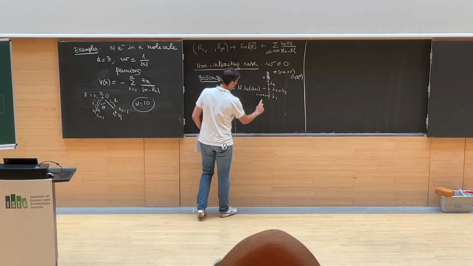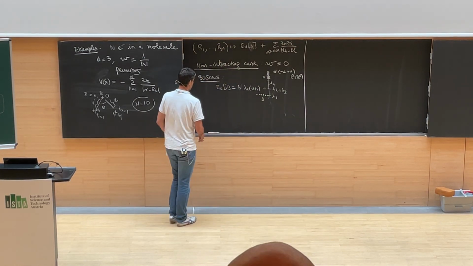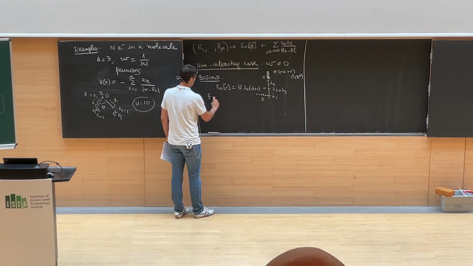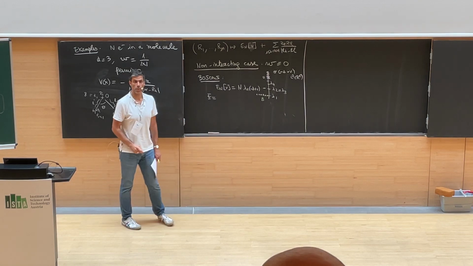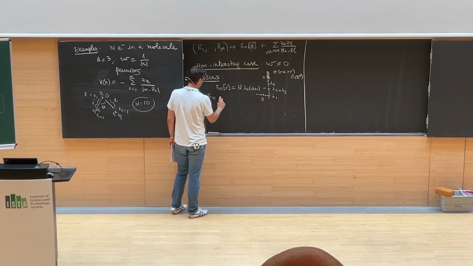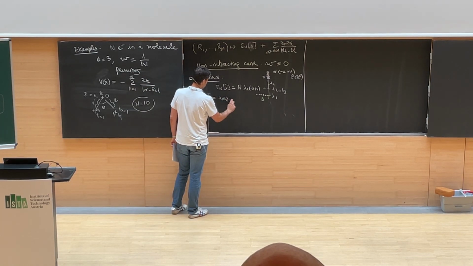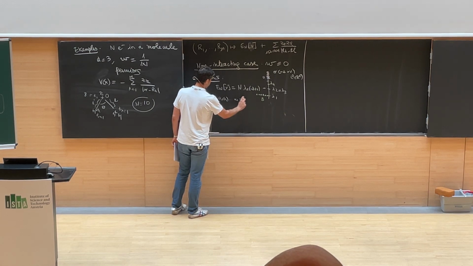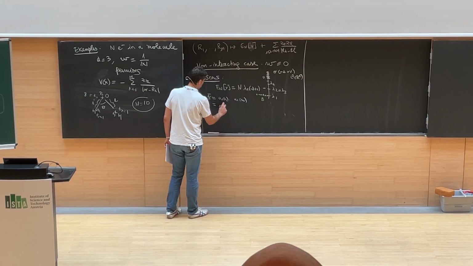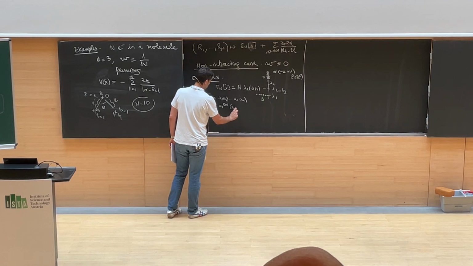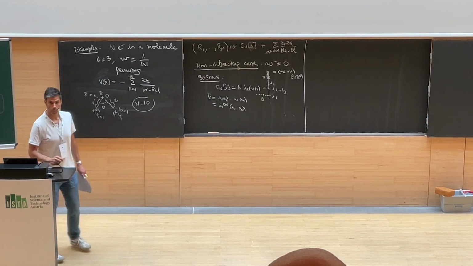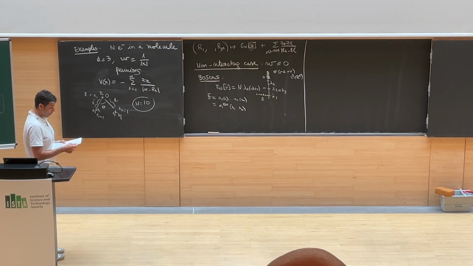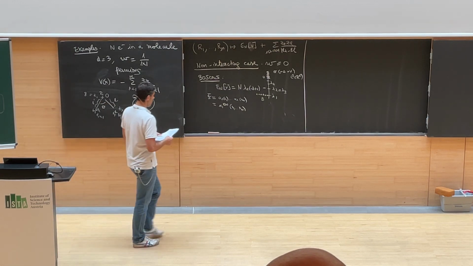That's the good guys, bosons. And the psi will be, if you like, let me call U1 the corresponding eigenfunction, and it would be U1 of x1, U1 of xN, which is just U1 tensor N of x1, xN. Okay, so it's an exact Bose-Einstein condensate, if you like.